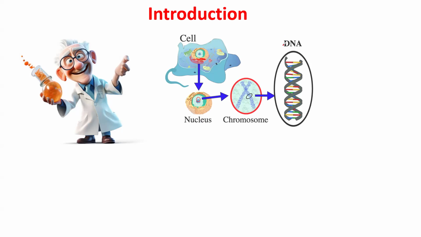The DNA is packed in the chromosome, the chromosome is packed in the nucleus, and the nucleus is packed in a cell. So to get the DNA, we need to open up the cells and get the DNA alone, and that is DNA isolation or purification.